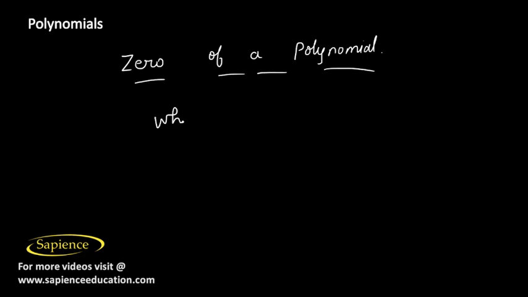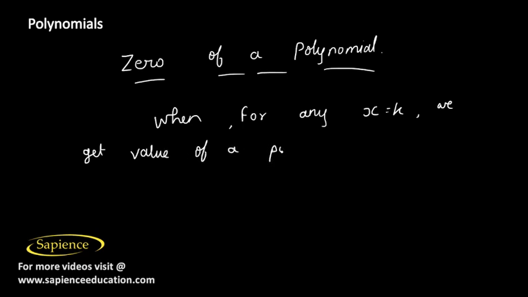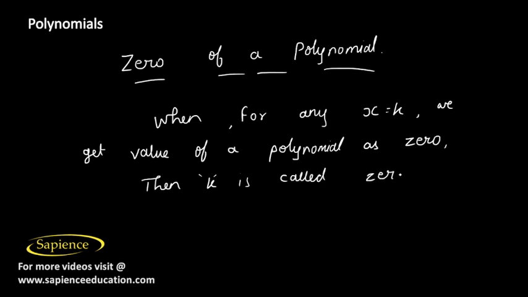But when, for any x equal to k, any value of x, we get the value of the polynomial as 0, then k is called a zero or root of the polynomial.